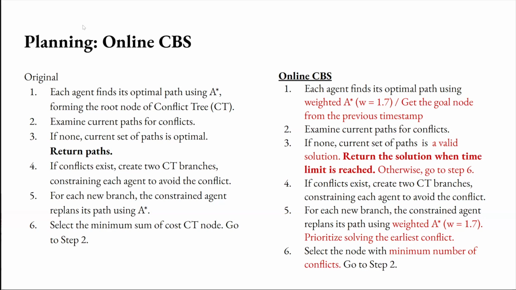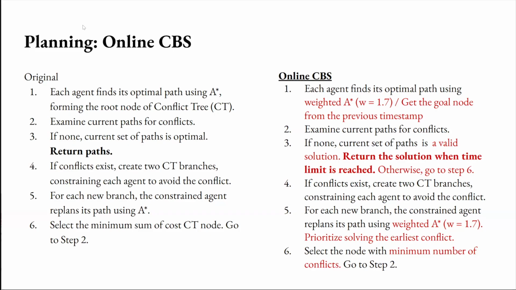And the third thing is that when we are considering the node, we select the node with the minimum number of conflicts. So it's again for efficiency, because choosing a node with the minimum sum of costs may consider a node that contains a lot of conflicts that is not feasible to solve within a very short time frame. And because of that, the solution we return is what we call a feasible solution instead of an optimal solution.